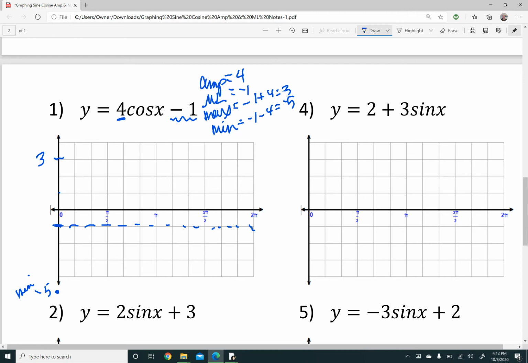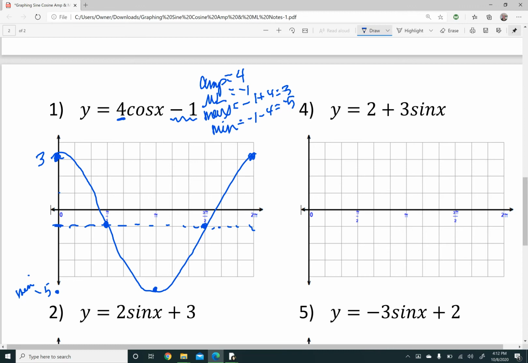And so it's a cosine graph. So my cosine graph starts at the max, goes to my midline, then to my min, back to my midline, and then to my max. So this is what my graph looks like now, okay?